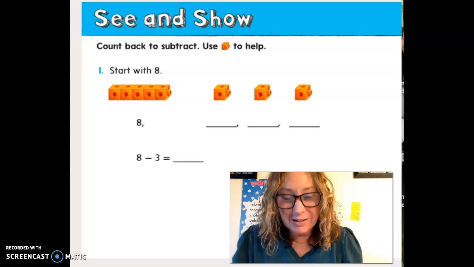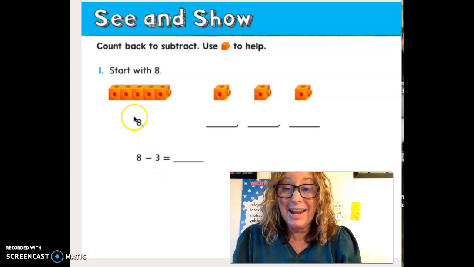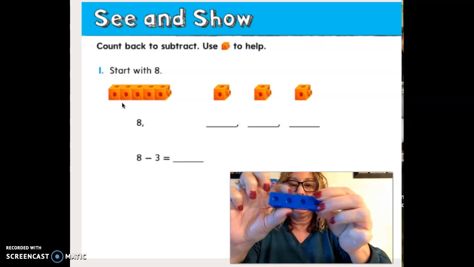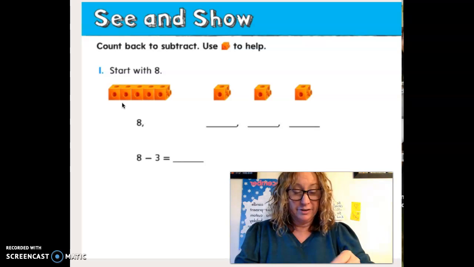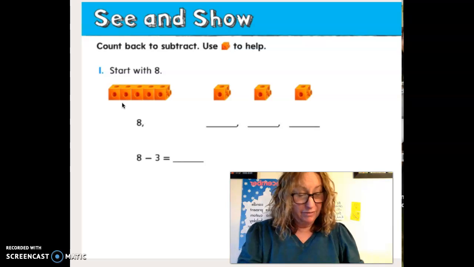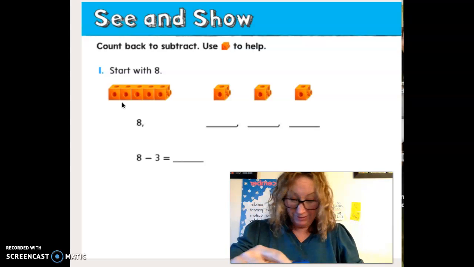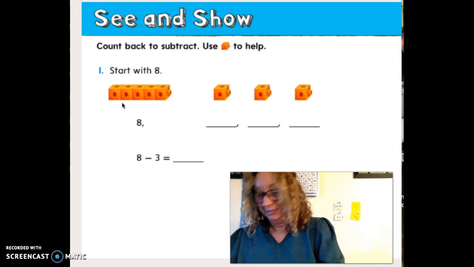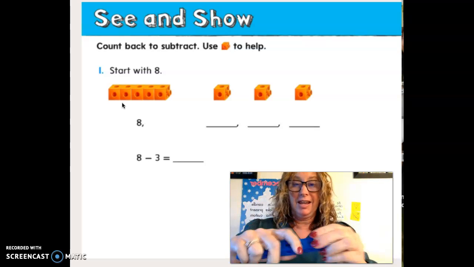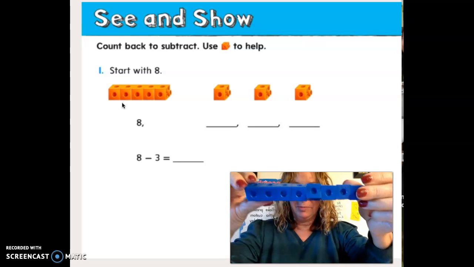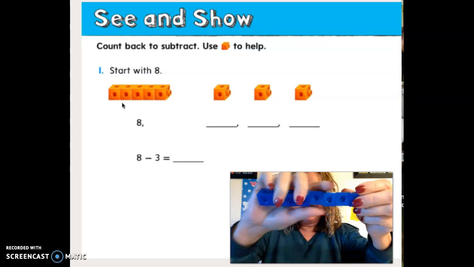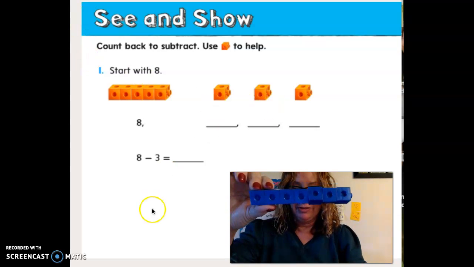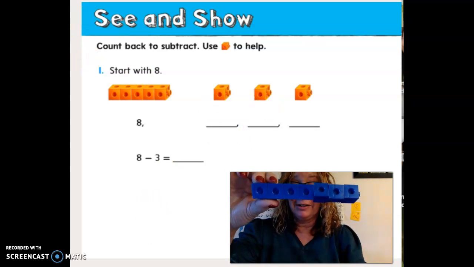Now let's count back to subtract here. We're going to start with 8. So they have 8 altogether. I'm going to get my cubes out too. 1, 2, 3, 4, 5, 6, 7, and 8. So here's my 8. There's 8 up there. We're going to count back. We're going to take 1 away. So now I have, and what would I write here?